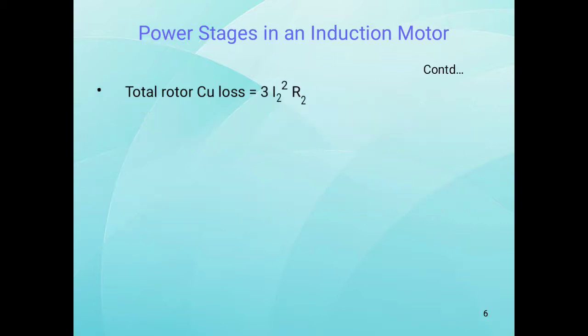So here in the power stages of an induction motor, the total rotor copper losses are equal to 3 I2 squared R2.